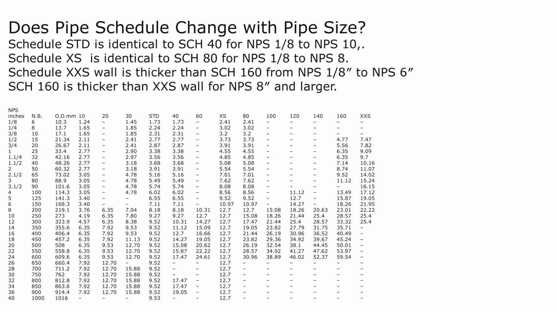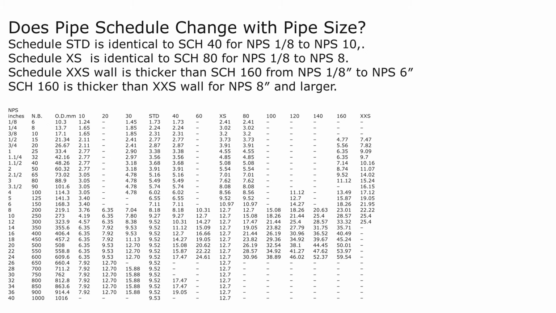The schedule standard is identical to schedule 40 for nominal pipe size 1/8 inch to nominal pipe size 10 inch. Similarly, schedule XS is identical to schedule 80 for nominal pipe size 1/8 inch to 8 inch.